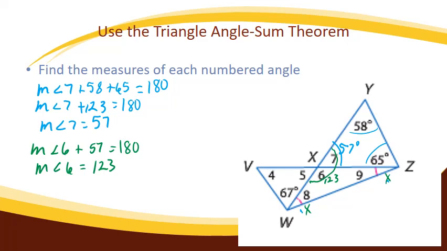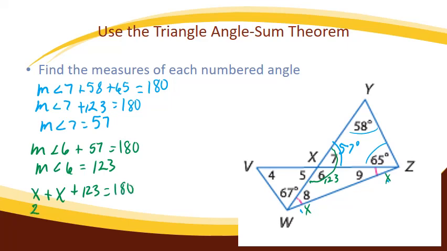So I'm going to substitute x for the measure of angle 8, so I got x, and x for the measure of angle 9, so that's x, plus the measure of angle 6, which is 123. That all has to equal 180 according to the triangle angle sum theorem.